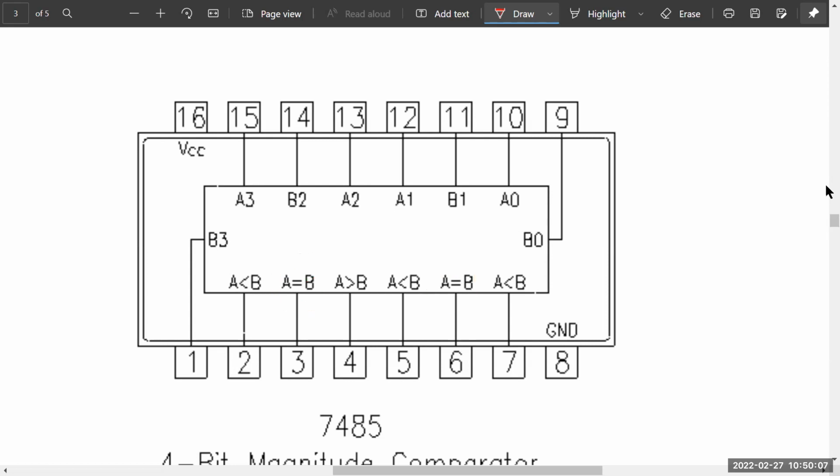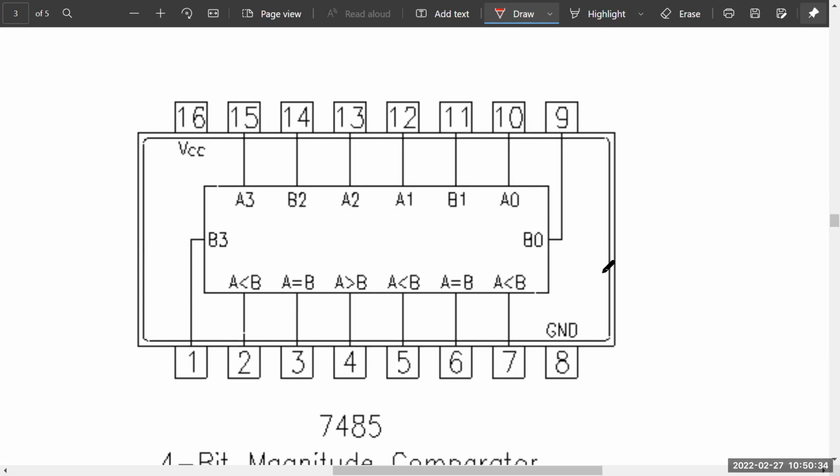So an output goes high, or is true, when the condition is fulfilled. For our design, we are using pin number 7, which is A less than B, meaning for all values of A which are less than B, output 7 is going to go high.